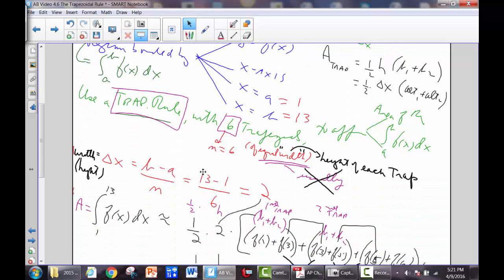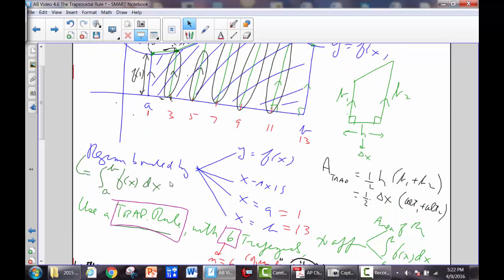What we figure out first is delta x, which is the famous b minus a over n, which in our case is 13 minus 1 divided by 6, which is 2. So you're starting at 1, you go 2 to the right, then you're at 3, then 2 to the right, 2 to the right, 2 to the right, 2 to the right.